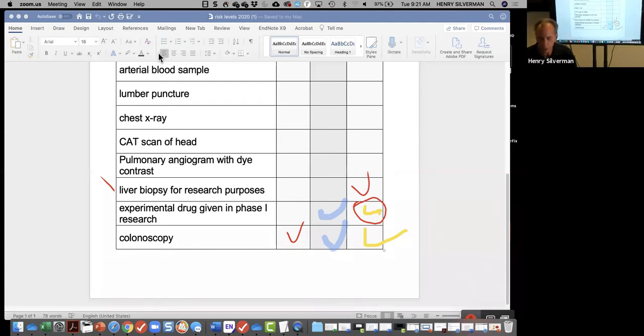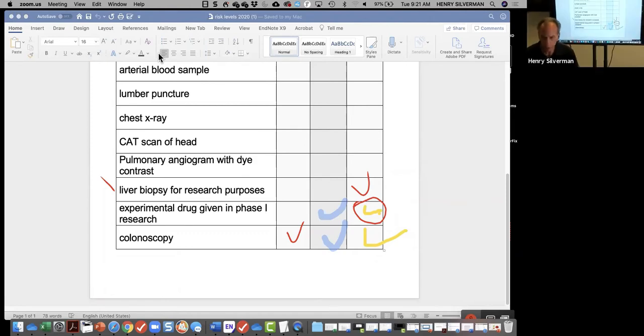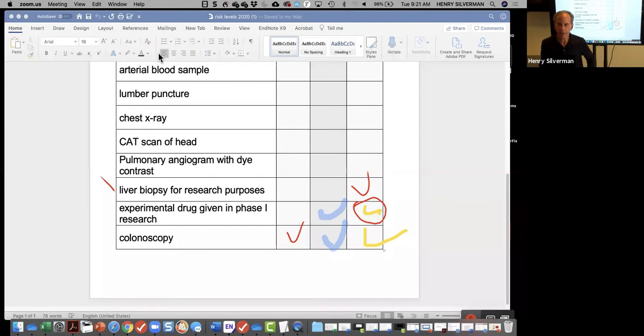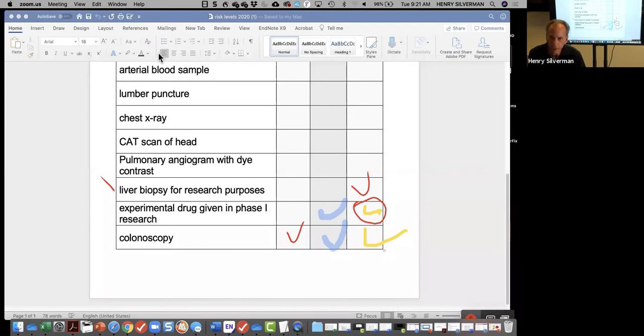All right, so after going through this exercise, how do you think we as a group are consistent in rating the risk levels of these procedures? We are not consistent. We should have an objective way. All right.